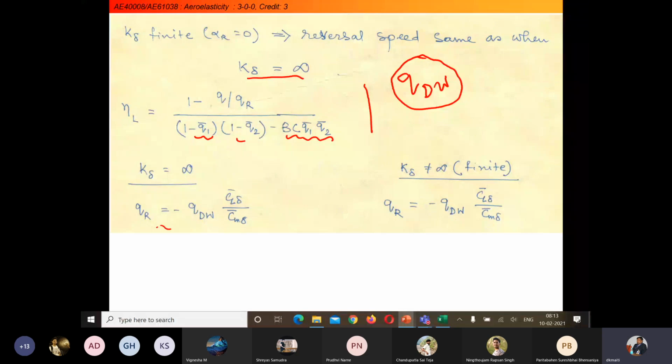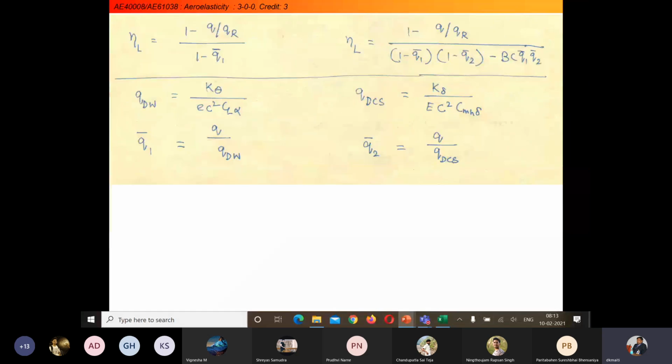Then we obtained eta L for K delta infinite as 1 minus Q by QR divided by 1 minus Q1 bar, whereas with the finite stiffness of the control surface, eta L is 1 minus Q by QR, whole thing divided by 1 minus Q1 bar multiplied by 1 minus Q2 bar minus BC Q1 bar Q2 bar.